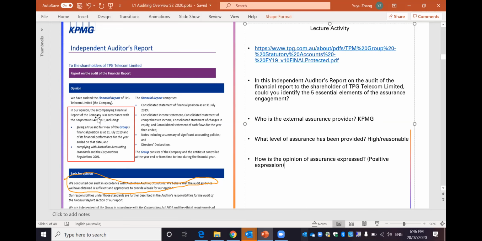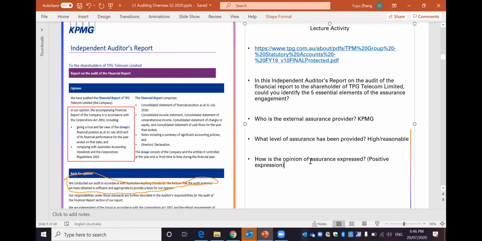In our opinion, the financial report of the company is in accordance with the Corporations Act, including giving a true and fair view of the financial position and the financial performance, and also complying with accounting standards and Corporations Regulations. So that's the way the audit opinion is expressed.